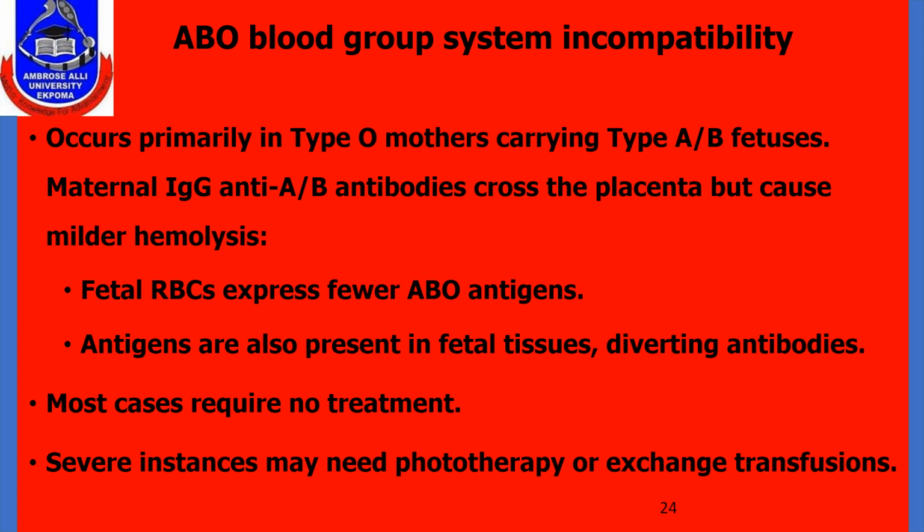Now, when a mother with blood type O is carrying a type A or B fetus, the maternal immunoglobulin G anti-A or B antibodies cross the placenta but cause a milder hemolysis. This is because the fetal red blood cells express fewer ABO antigens.